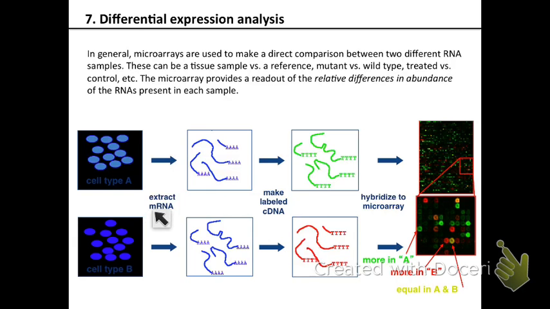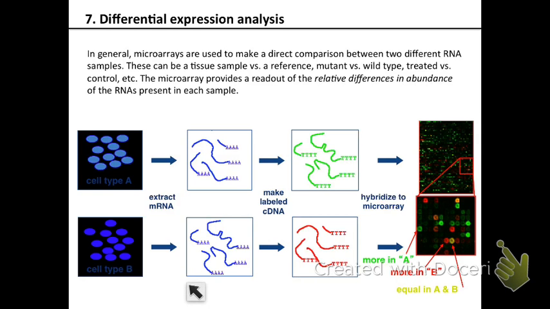Okay? So you extract mRNA from both of these cell types, and then you make cDNA from cell type A and incorporate fluorescent nucleotides that are labeled with one fluorescence. In this case, it's green. So all the RNAs coming from cell type A, the cDNA is labeled with green.